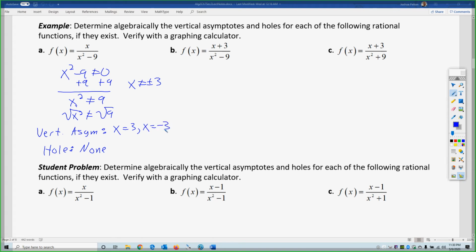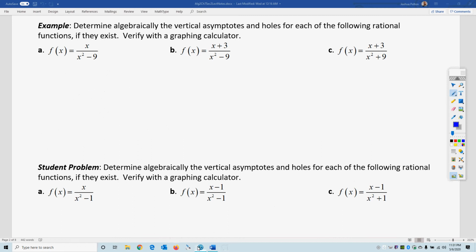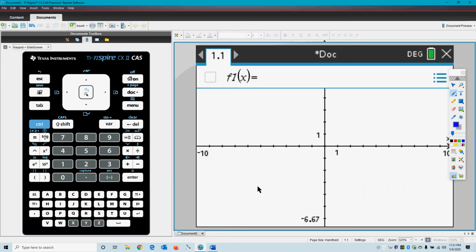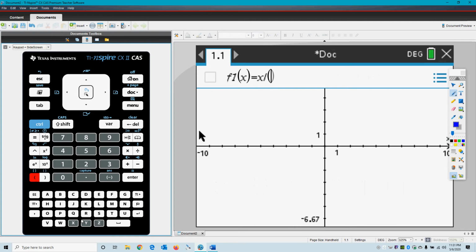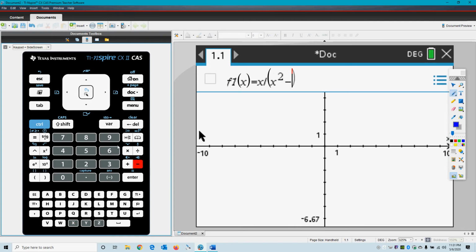Okay. All right, let's take a look at the graph to verify that is actually true. So our numerator is x divided by the denominator, which is x squared minus 9.